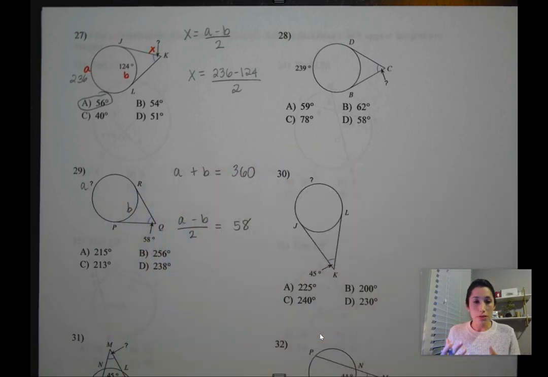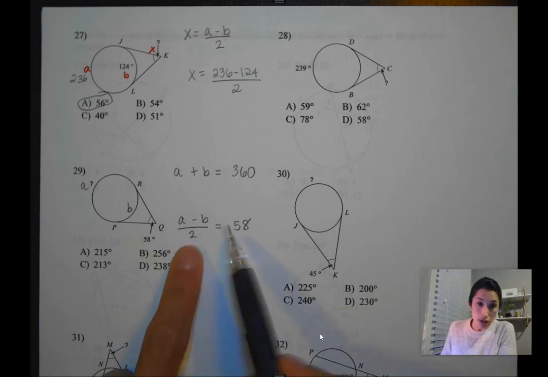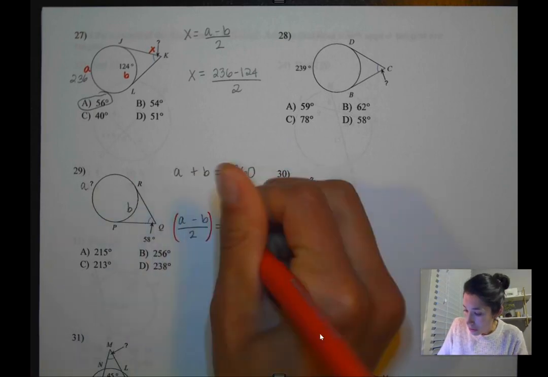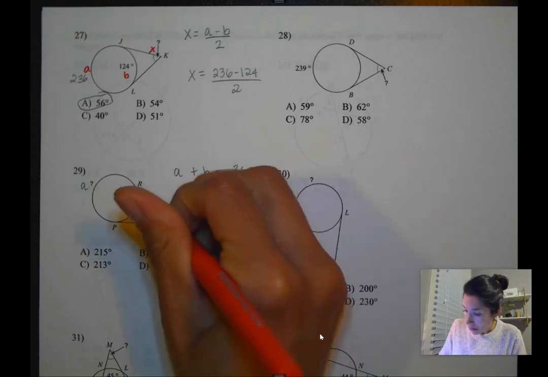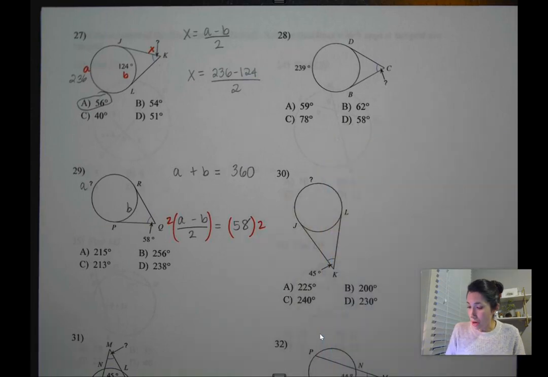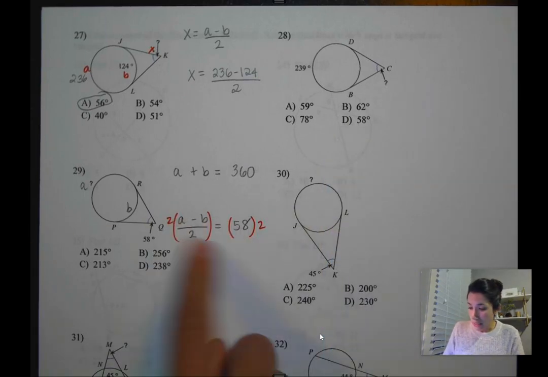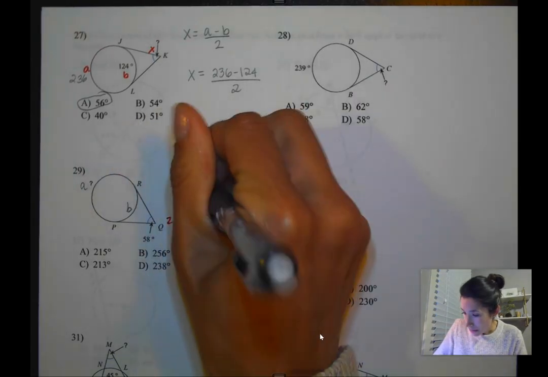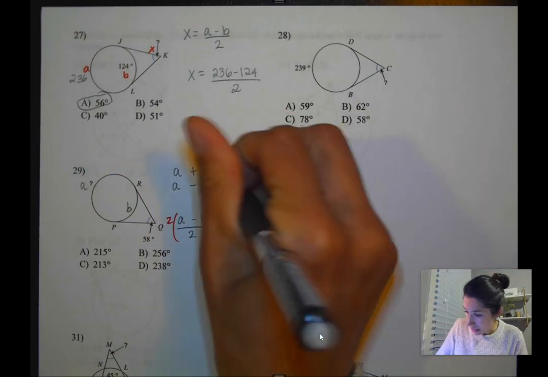Now, if I want to put these equations together, I'm going to first multiply both sides by 2, so I can just have this expression written as a minus b. So 58 times 2, 116. And so our other equation, rewriting this, is a minus b equals 116.